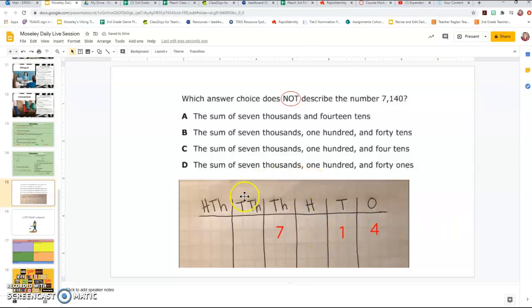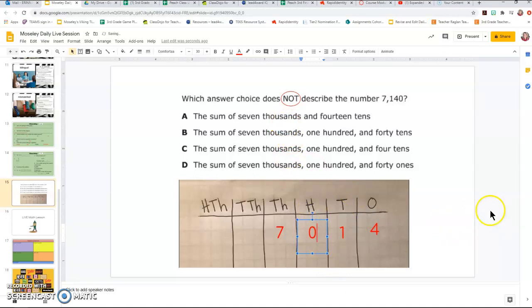Then I want you to think about what we do with this box that doesn't have anything in it. Remember, anything prior to the thousands place we don't need because we know this number doesn't go any higher than the thousands place. So what do we put here in the hundreds place if there's no digit represented in this question right here? It only tells us thousands and tens. So we don't have any hundreds, so that's going to be a 0.